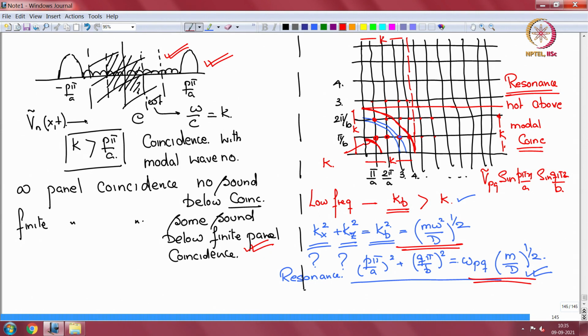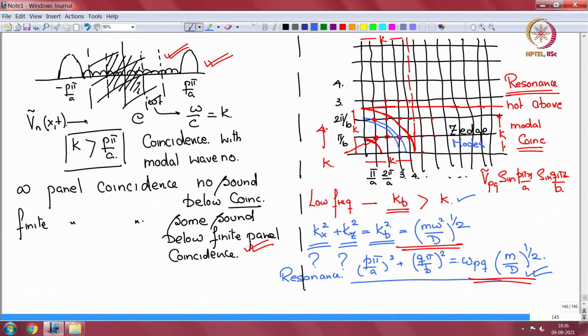Okay. So now what happens is these modes, their Q pi by B values, which is this direction, are below K. So in this range these are Z edge modes.